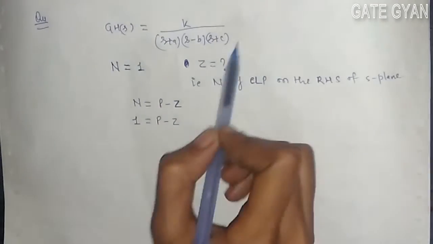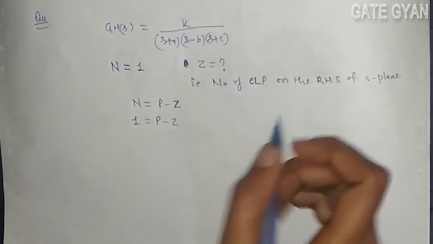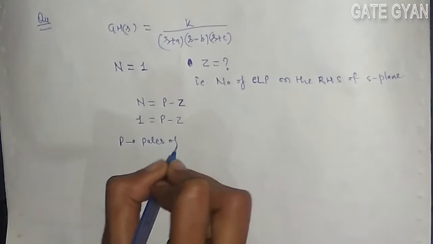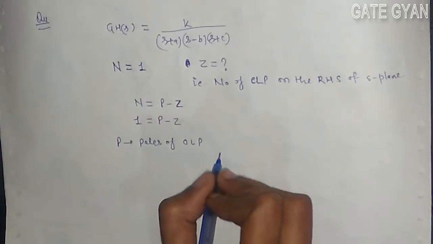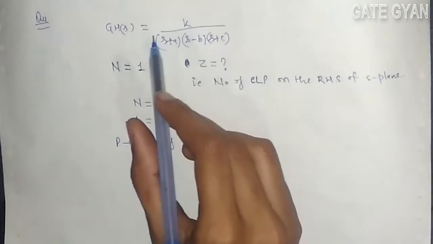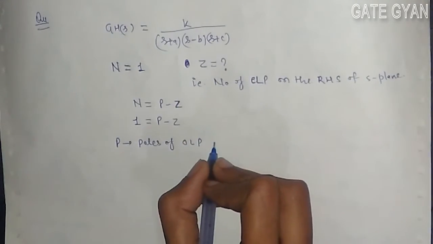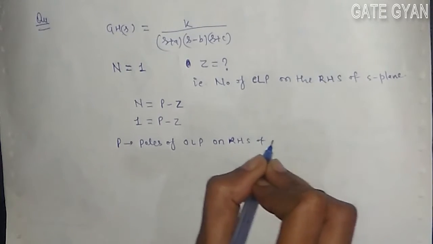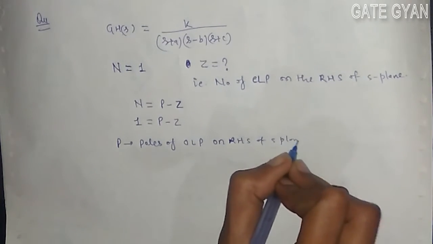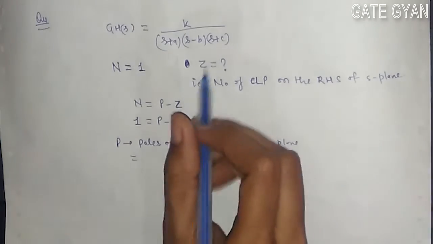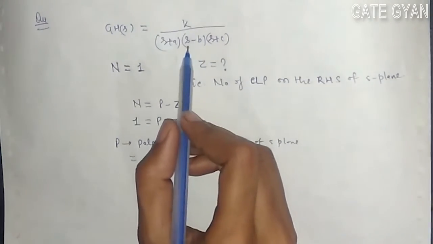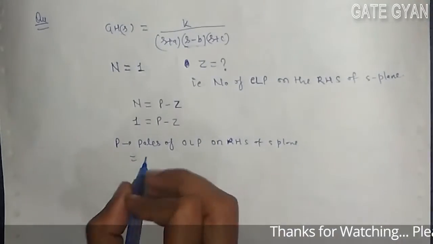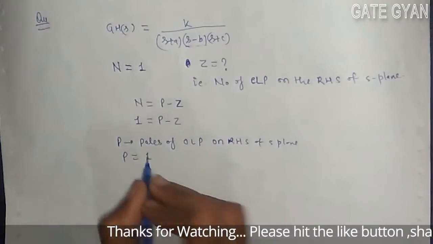P is nothing but the poles of the open loop transfer function on the RHS of the S plane. So from this open loop transfer function we can say that only one pole is on the right hand side of the S plane. So P is going to be equal to 1.